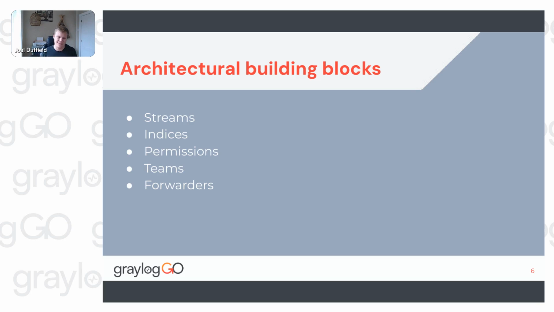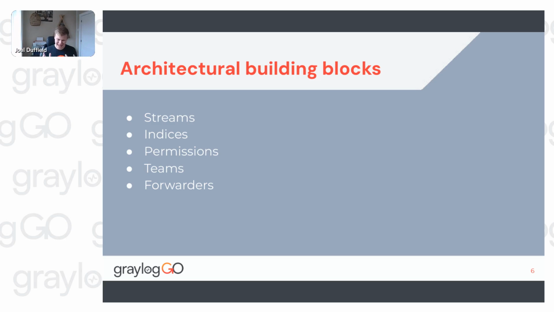The last piece that we'll talk about in this is forwarders. For those of you who don't have the enterprise version, Graylog Enterprise includes functionality called forwarders. It is basically the inputs of Graylog that we can remotely deploy into the environment. So we can deploy a Graylog forwarder service to a server. It can be running a syslog input, a beats input, whatever else, all the normal inputs can run on the forwarder.